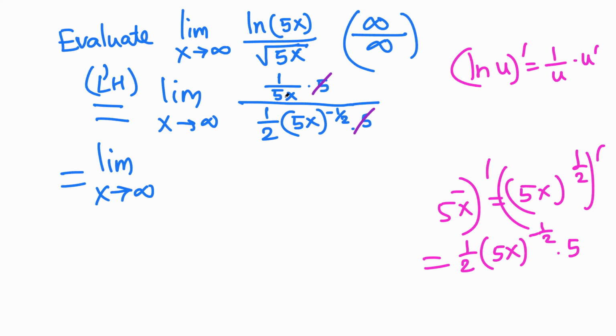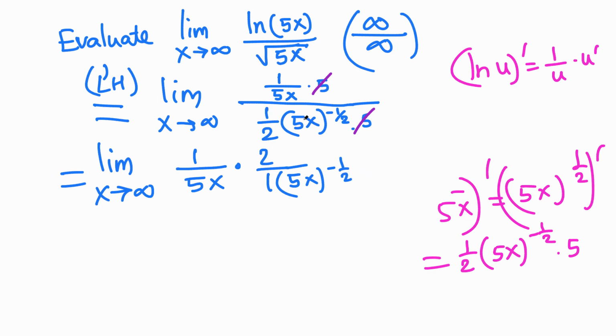So we keep the top fraction 1 over 5x, change the division into multiplication: keep, change, flip. So 1 over 2 becomes 2 over 1, and this 5x raised to negative 1/2 is with 1.